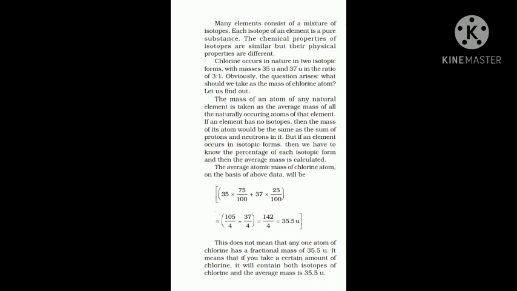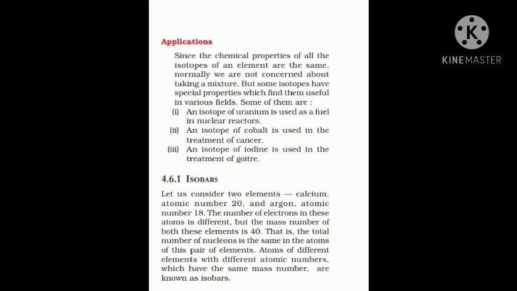The average atomic mass of the chlorine atom on the basis of the above data will be 35 × 75/100 + 37 × 25/100, which is equal to 105/4 + 37/4, which is equal to 142/4, equal to 35.5 U.